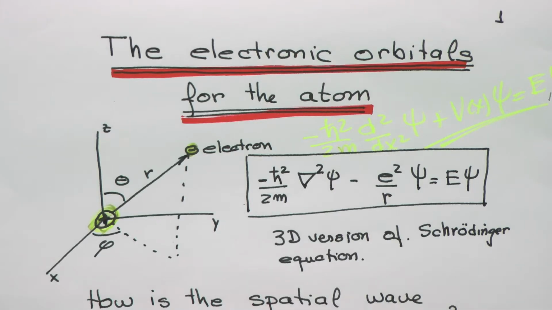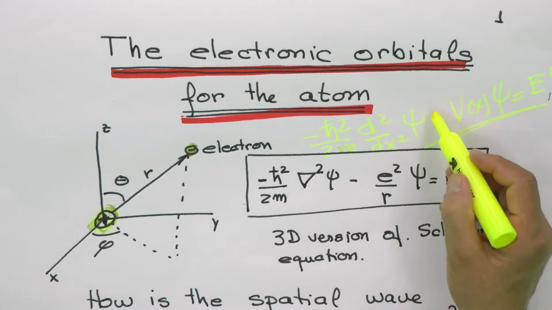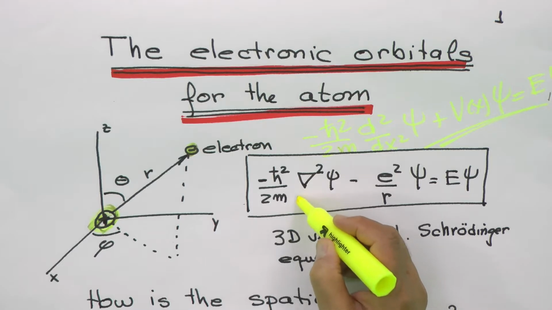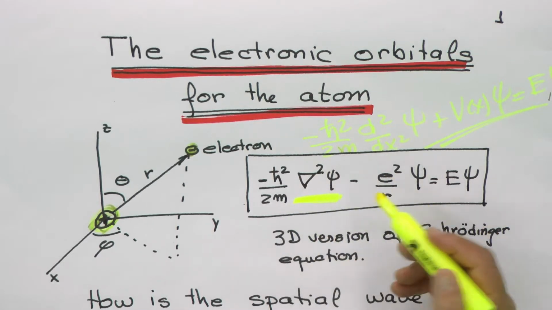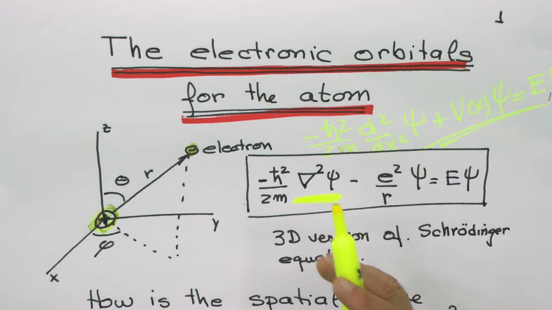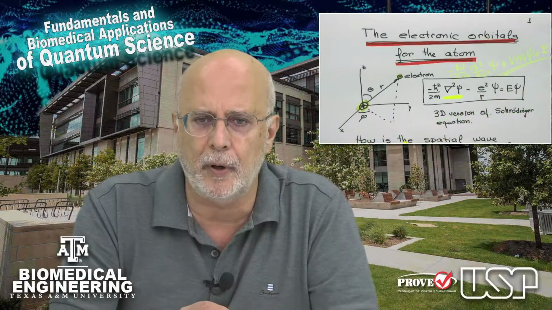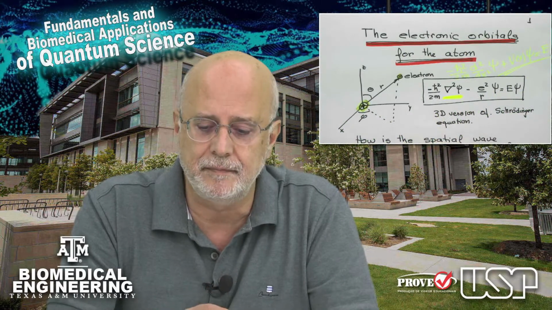But now the momentum, because it has three components, the momentum squared has three components, and this term here gets to be the Laplacian. If you remember, the Laplacian is the sum of the three second-order derivatives of the function. So we are adding the components in x, y, and z.